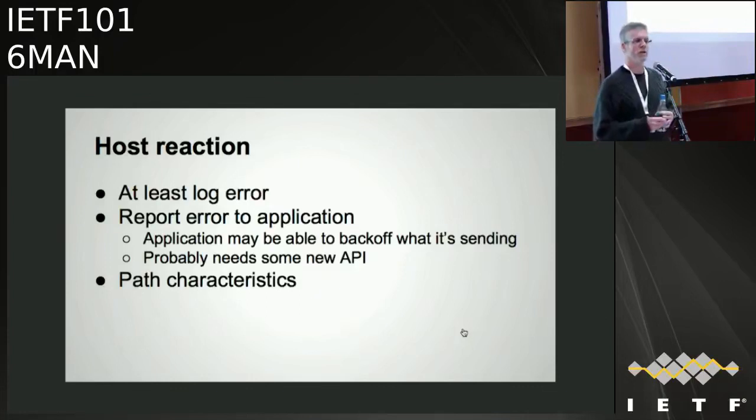One thing we foresee in some use cases of extension headers is to do something like happy eyeballs for extension headers, where we try different variants, and when something goes through, consider that a success. But if it doesn't, back off, maybe try to use fewer extension headers, try to find the right combination.